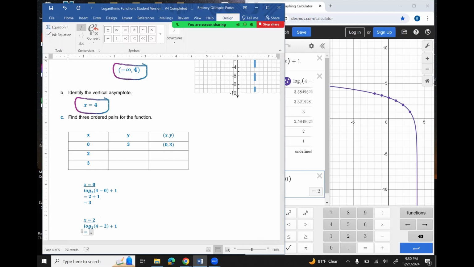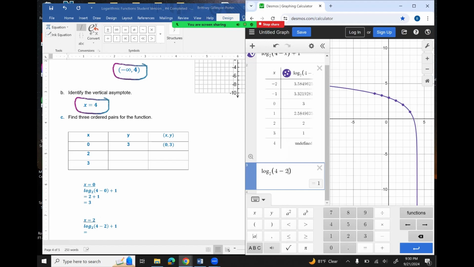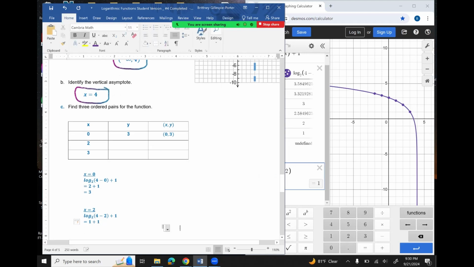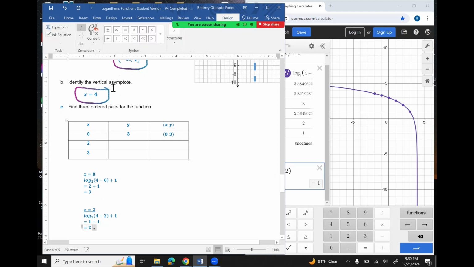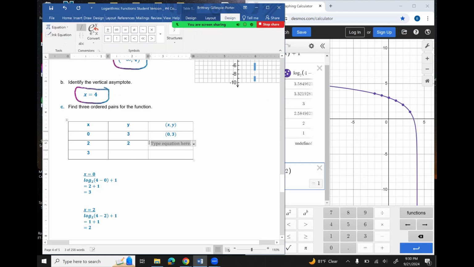If you want to do the intermediate step, we can. Log base 2 of 4 minus 2 gets us 1. And then we have our plus 1 at the end, which means that we get y equal to 2, which means our ordered pair that we just found is 2, 2.